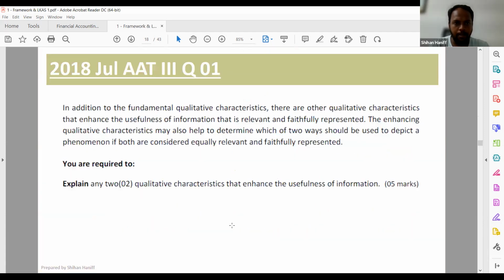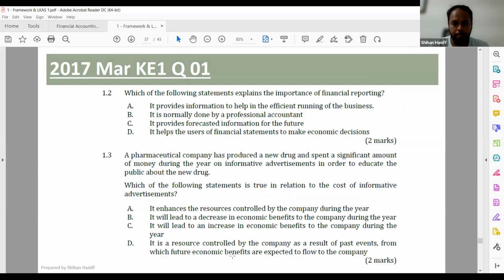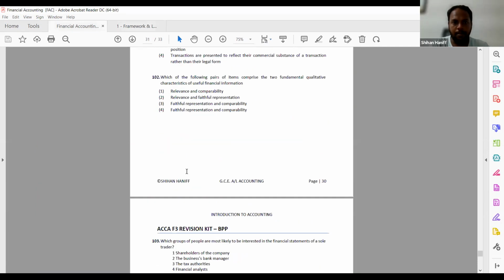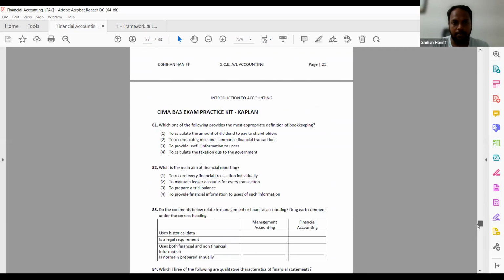So let's do another question from the A-level questions.